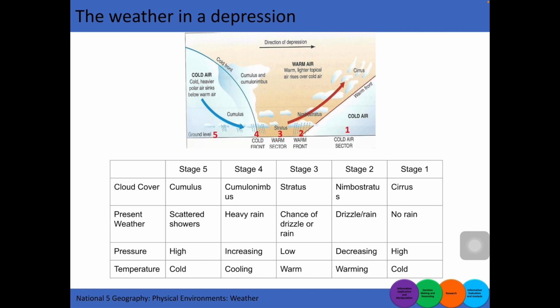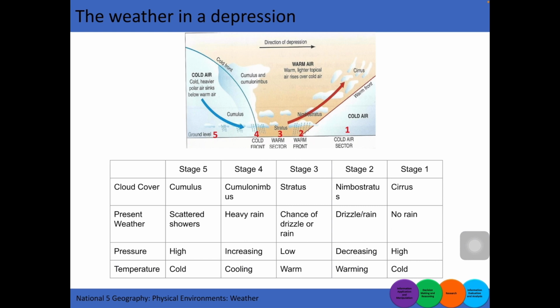In stage 2, we're now at that zone of transition. We're at the warm front boundary. And we have nimbostratus clouds forming here, that band of stratus clouds, nimbostratus clouds, band of stratus. And where you have your nimbostratus clouds, they are going to bring drizzle or rainfall.